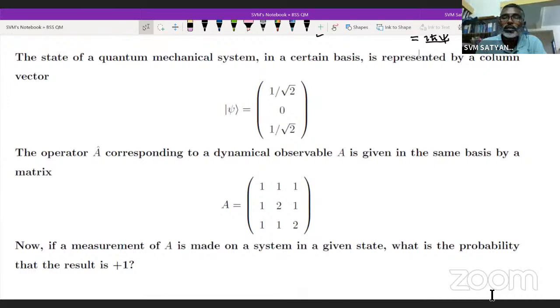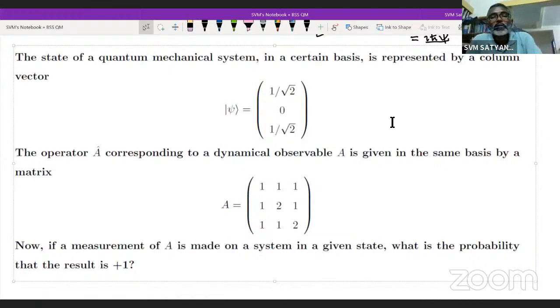Okay, you have been doing some problems with the matrices, I think last class, maybe before. So we have a quantum mechanical system in some basis represented by a vector like this. That means we have a three-dimensional system, or a three-level system, if you want to call it.